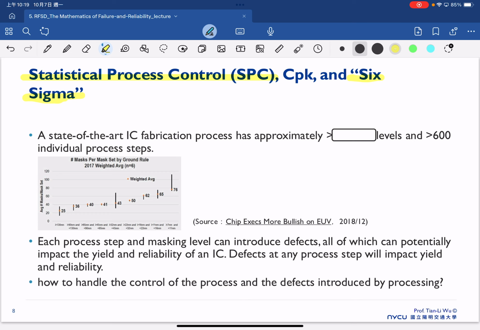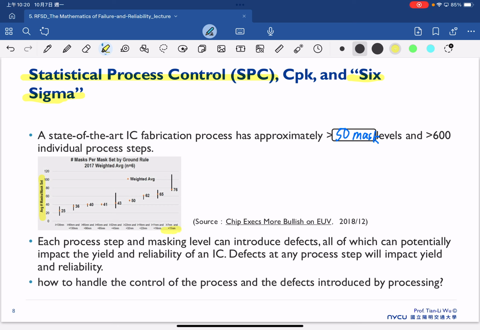The state-of-the-art IC fabrication process has approximately more than 50 masks and more than 600 individual processes. This is the average mask set versus the different generation technology here.